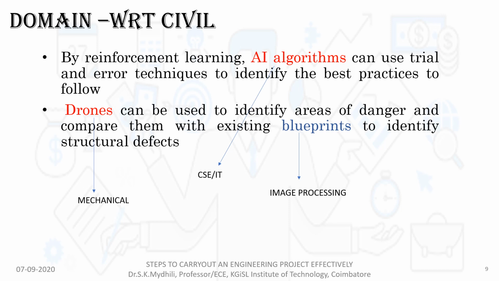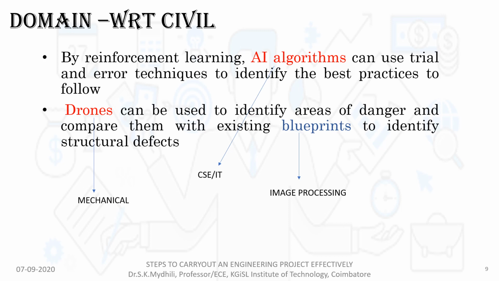Everything is based on the mechanical and aeronautical perspective. In terms of blueprints, where an image processing algorithm is used, ECE plays a major role. So for civil engineering, we collaboratively use the help of mechanical, CSE, IT, and ECE, and go with this reinforcement learning.